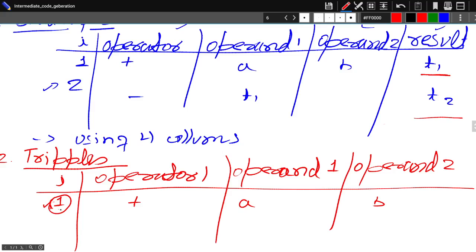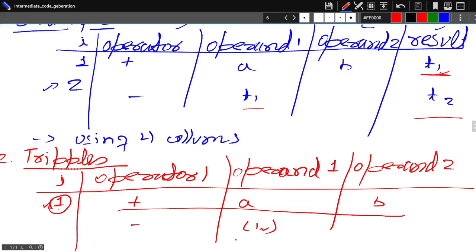So you can use this number 1 in place of T1, if at all somewhere you are using T1, like here. So here you can use minus of (1). The result of this statement will be used here.